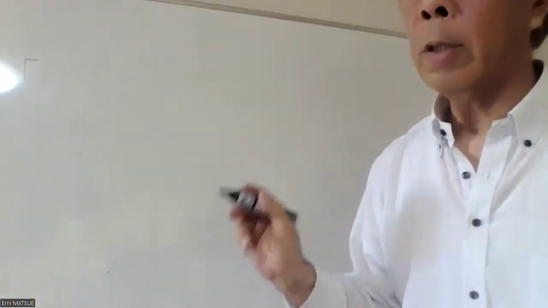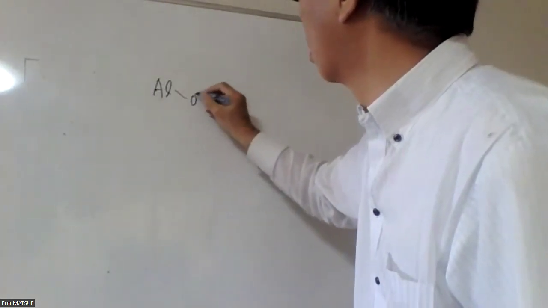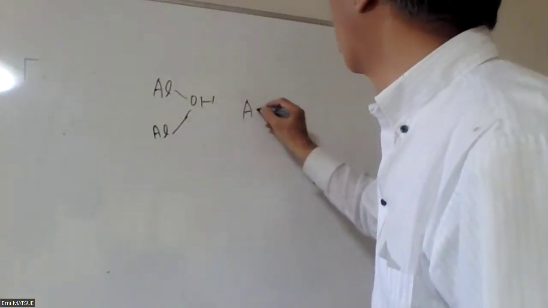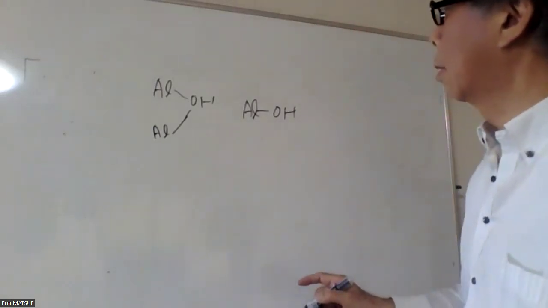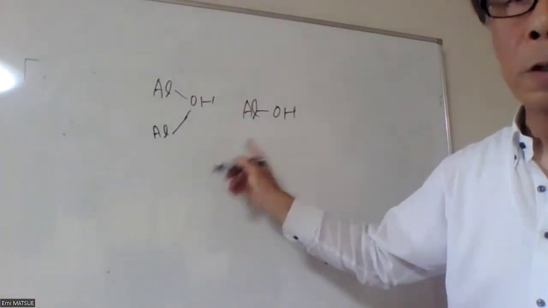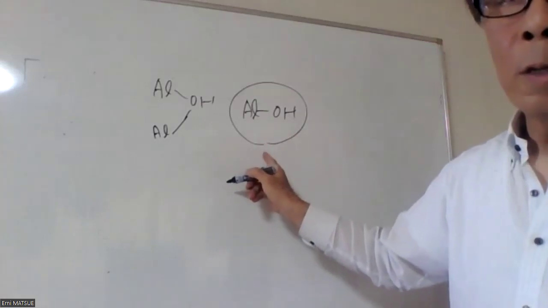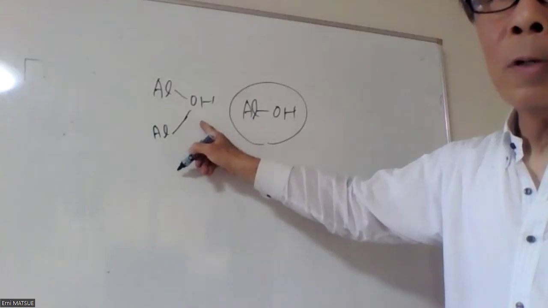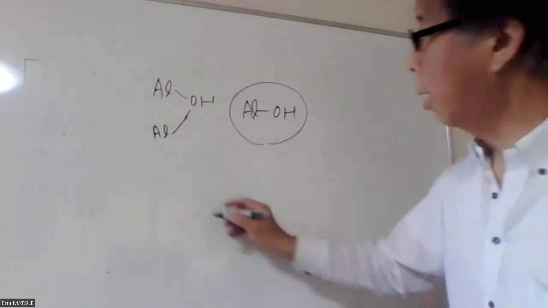So actually, in clay, some types of AlOH groups exist. So I highlighted only this group. Of course, this group exists.